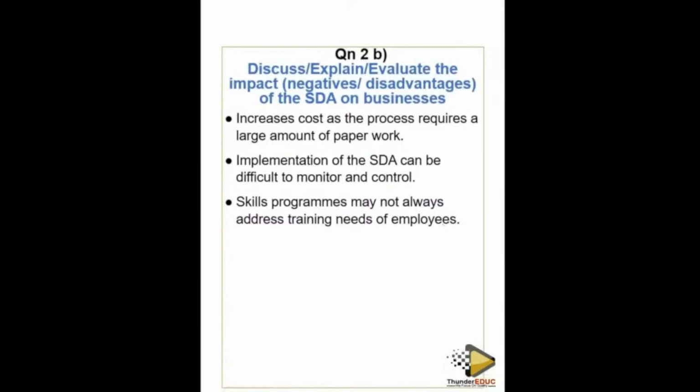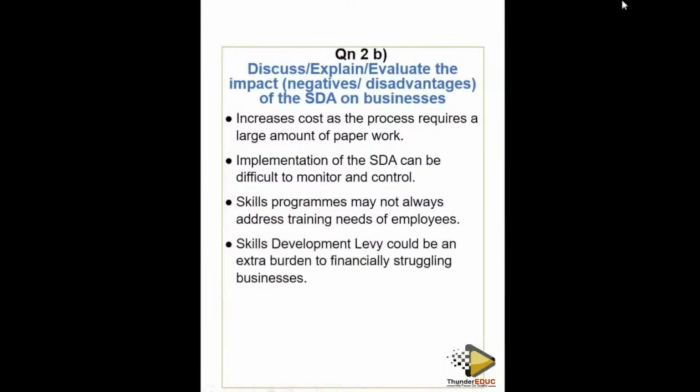Okay, so moving on to another aspect, we are saying that skills development levy could be an extra burden to financially struggling businesses. So now this skills development levy, we refer to what? We refer to that amount that businesses contribute to the Skill Development Act.